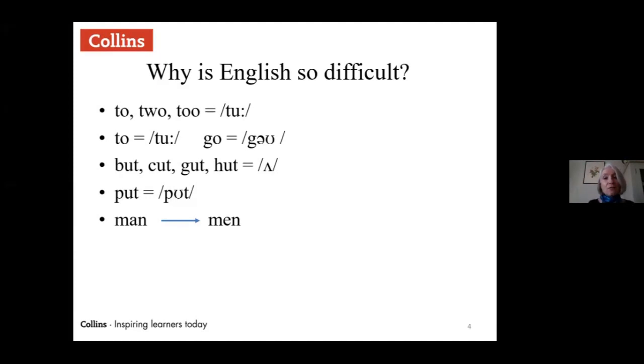So it's not as if there is a set of rules that we can all learn, and once we've learned them, that's everything we need to know about the language. English doesn't work like that. It's never worked like that. There are just some things that are difficult and irregular and seemingly odd that we just have to learn, and that we just have to help our students learn. So there's no magic bullet.